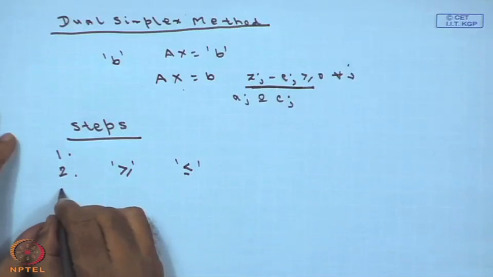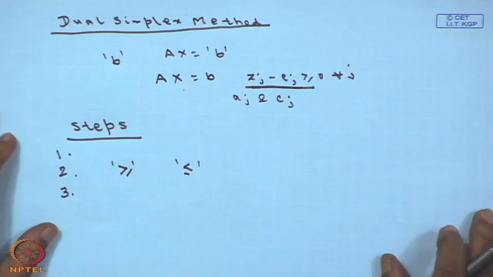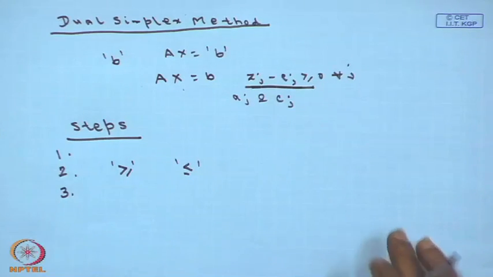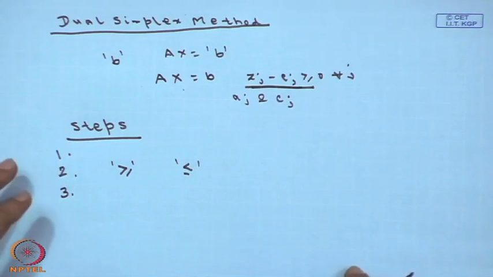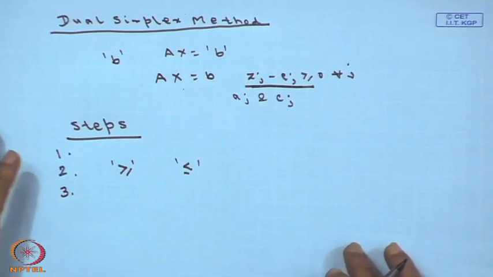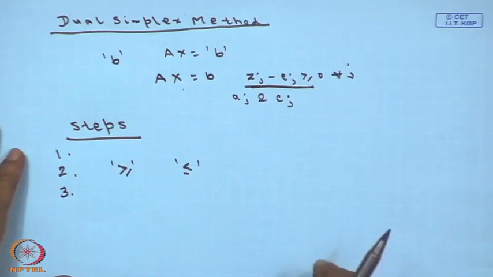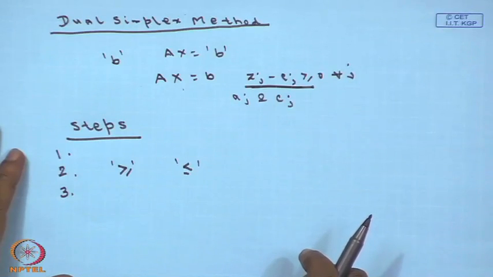Number 3, introduce the slack variables to form the basis vectors and construct the usual simplex table. Here you note that the initial basic solution need not be feasible.